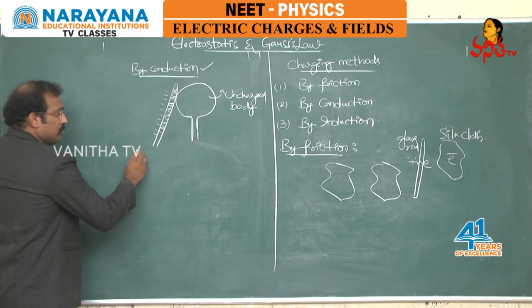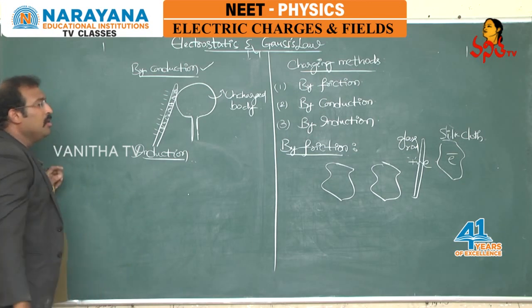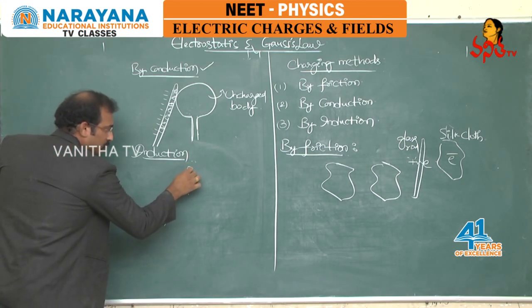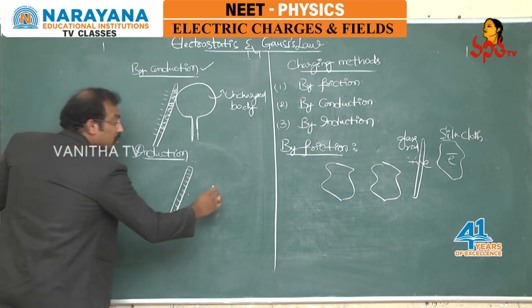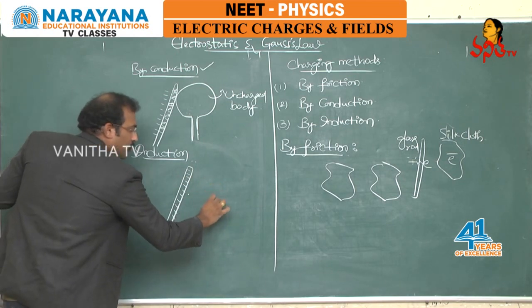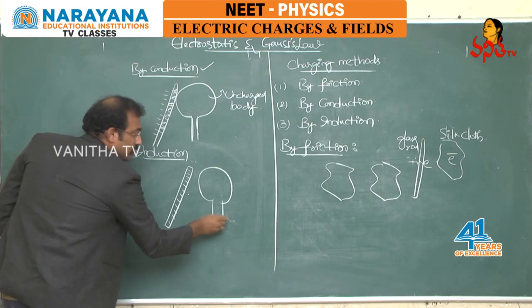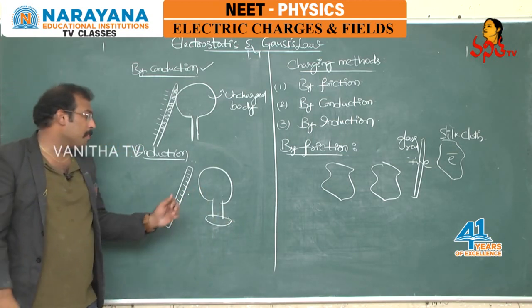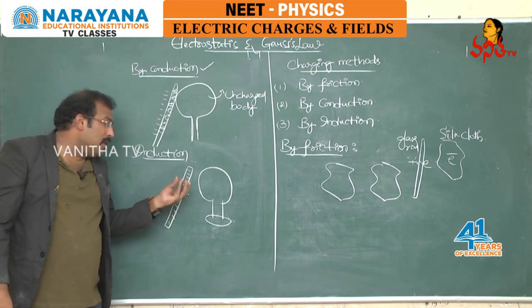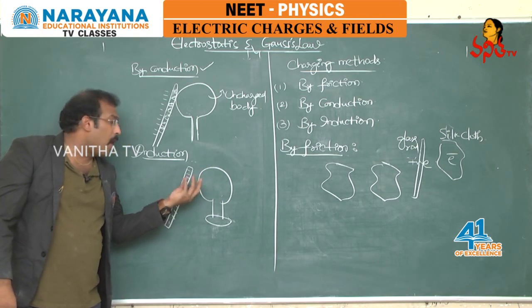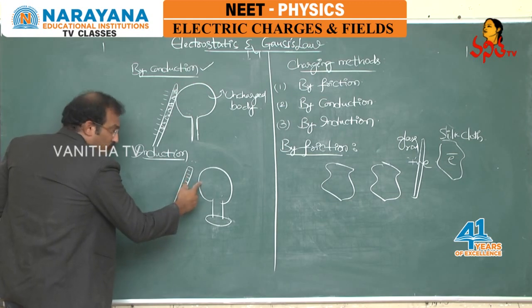Now let us go to the third method, which is induction. What is this induction method? When a charged body, say a negatively charged body, is brought very near to an uncharged body, this charged body will distribute the charges upon the uncharged body in such a way that the opposite charge will come closer.